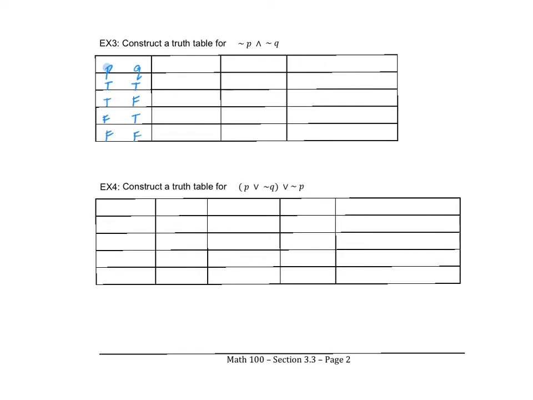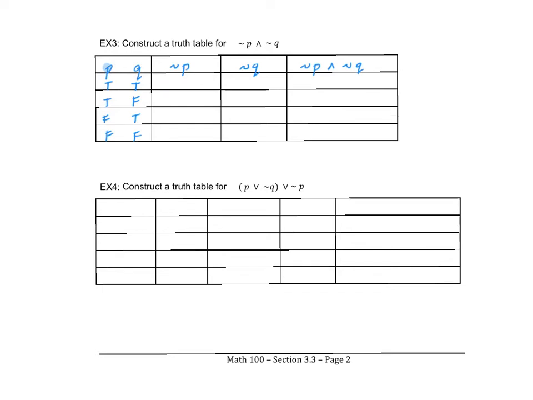So my goal is to have not P and not Q. But I don't have a not P listed in my table. I don't have a not Q. So I need to figure out what not P is and not Q is before I can figure out the and of not P and not Q.